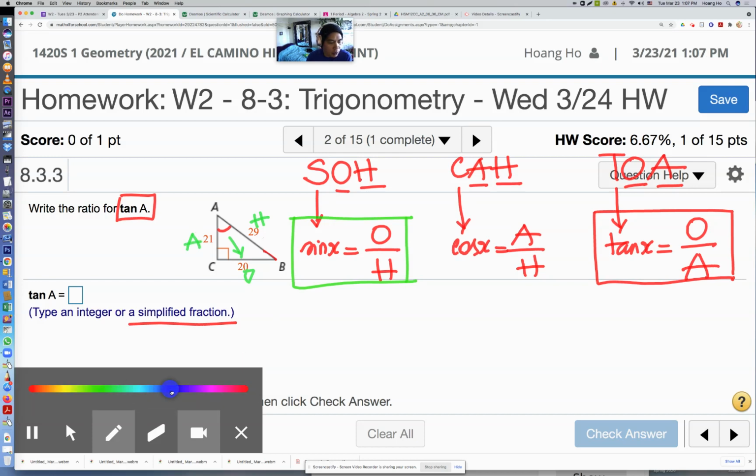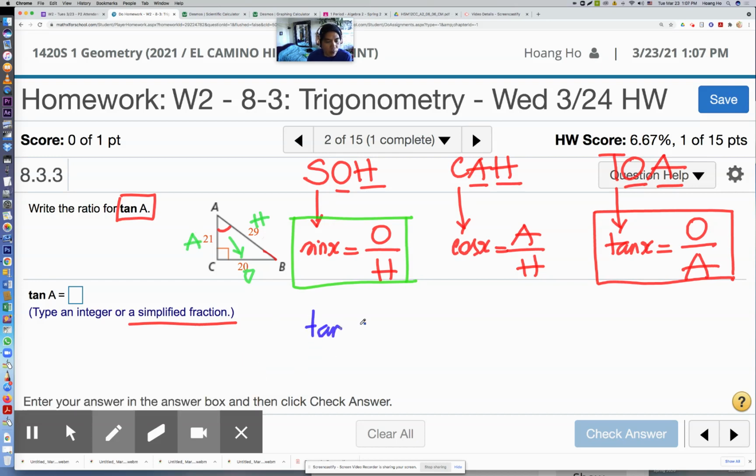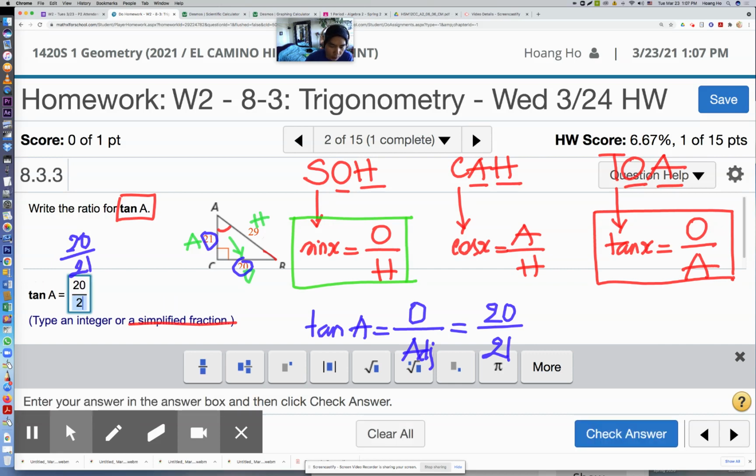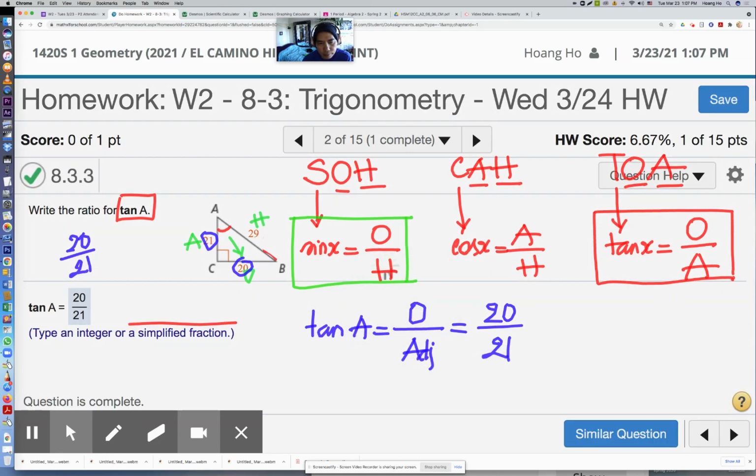So tangent of angle A equals opposite over adjacent. I put the angle A so you won't mistake the angle. Opposite happens to be 20 right here, and adjacent is 21. This fraction is already simplified, so the answer is 20 over 21. You're done.